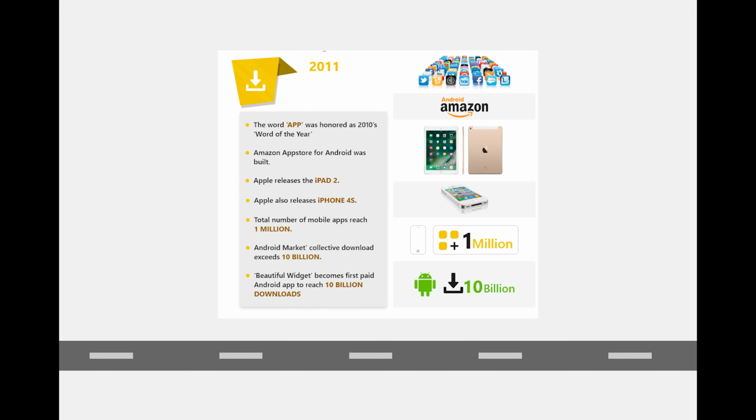We're in 2011 now. The word app was honored as 2010's Word of the Year. And then Amazon also released their own app store for the Android system. Apple released the iPad 2 and the iPhone 4S, and the total number of mobile apps reached 1 million at the time.